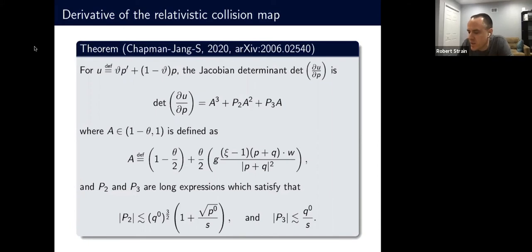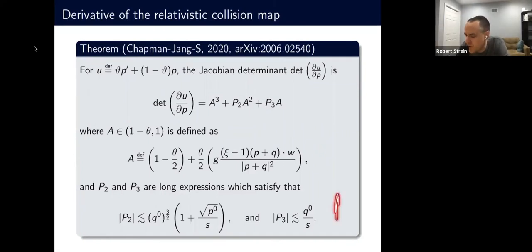And in the relativistic case, if you let u equal theta p prime plus (1 minus theta) p, then you can actually calculate this Jacobian determinant, and it takes the form a cubed plus p2 a squared plus p3 a, where a is this ugly quantity. It's actually not that different from the previous quantity, but it's significantly uglier.